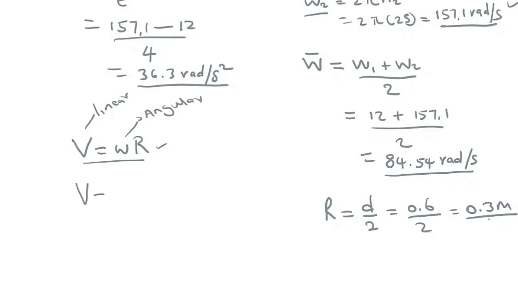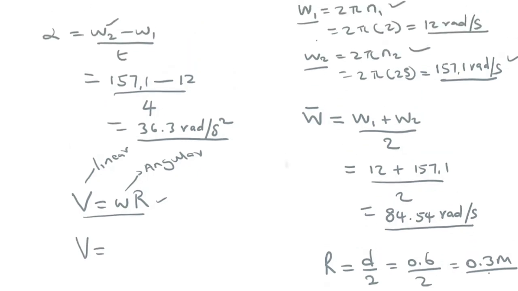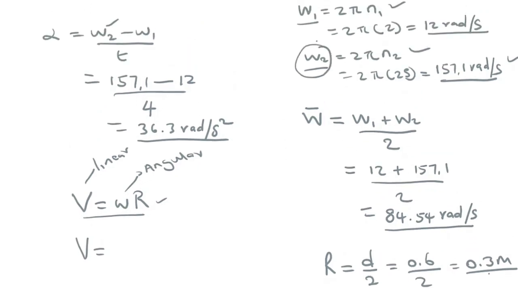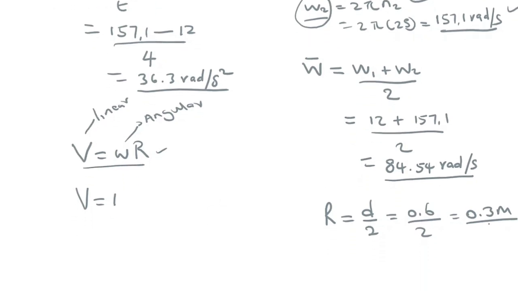The angular velocity after 4 seconds is angular velocity 2, not 1. So 157.1 times this radius 0.3, then we get the answer to be 47.13 meters per second. That is the speed after 4 seconds.